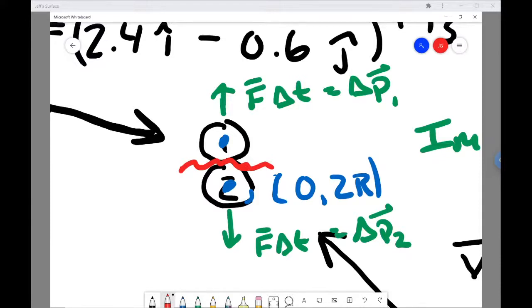You have a force during collision, and the principle of momentum conservation comes out of the fact that, as a consequence of Newton's third law, when these billiard balls collide, the impulse experienced by ball 1 is equal in magnitude but opposite in direction to the impulse experienced by ball 2.